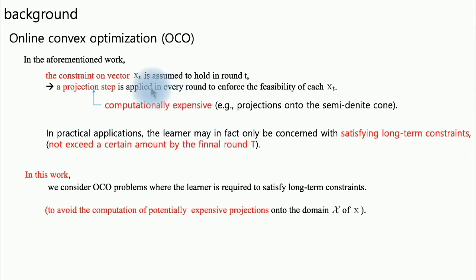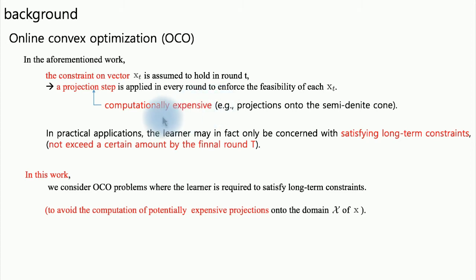In the previous work, the constraint on the vector xt is assumed to hold in every round t, such that a projection step is applied every round to enforce the feasibility of each xt.